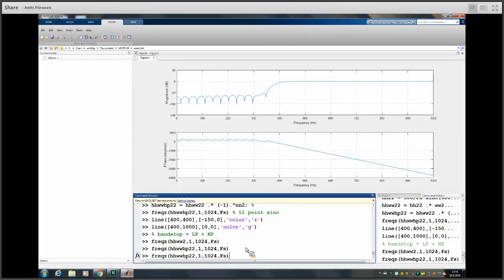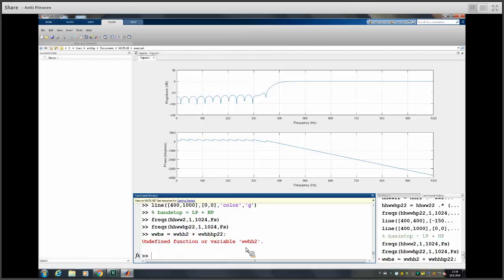And if you add these together, WW band stop equals WW HH2 plus WW HH high pass 22. No, HS.